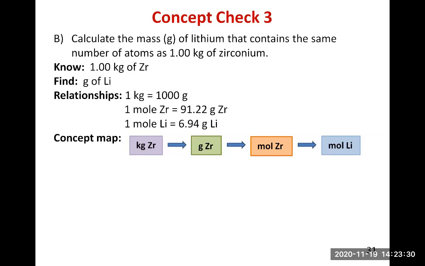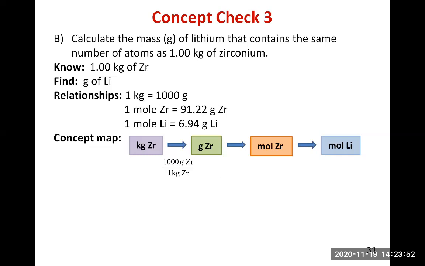So it's missing another step here from moles of lithium to grams. So the first conversion factor here will be using the fact that 1 kilogram is equal to 1,000 grams, and we will have the 1 kilogram on the bottom of the conversion factor because we are given a mass in kilograms. So we want to cancel the units of kilograms. Next, you want to cancel units of grams with the molar mass of zirconium.